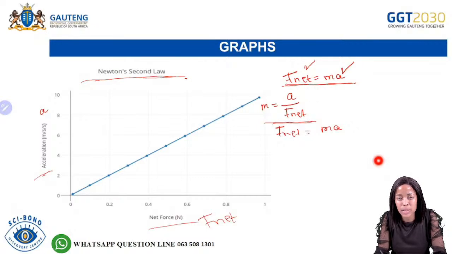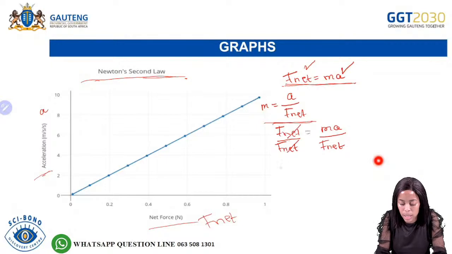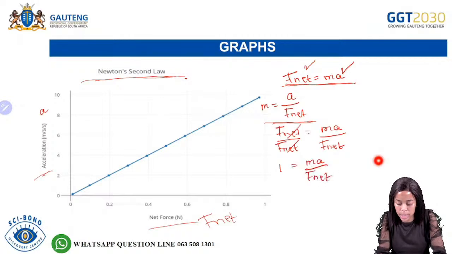We can first start by dividing both sides by F net. What will happen on the left hand side? F net divided by F net will give us 1, which is equal to ma divided by F net.